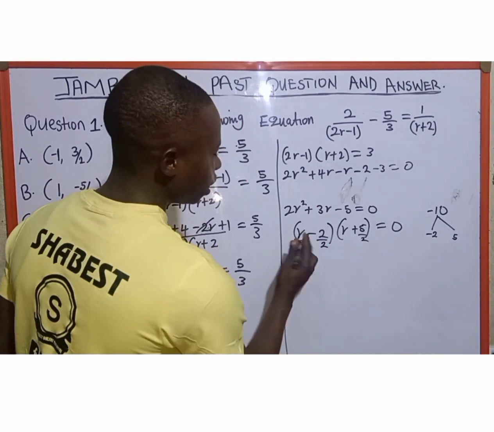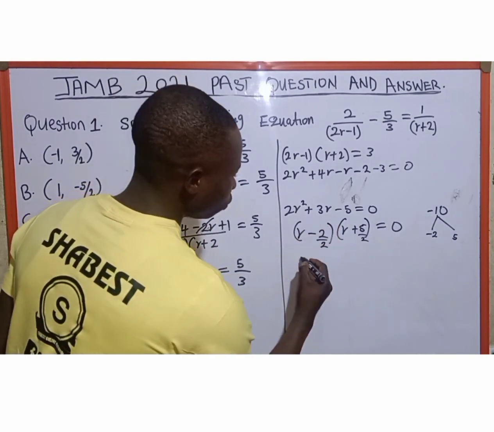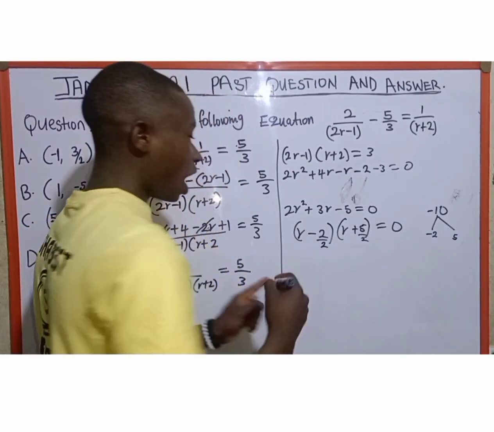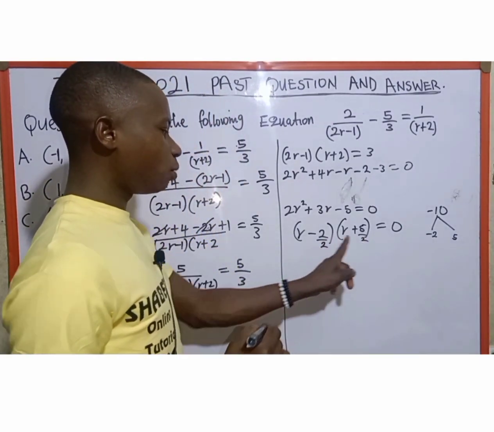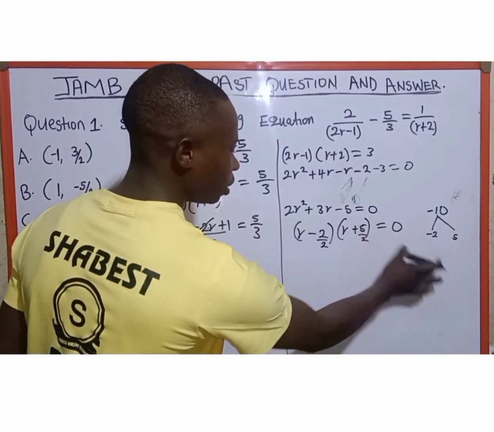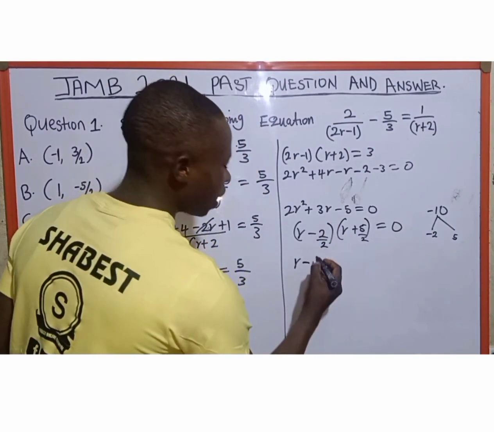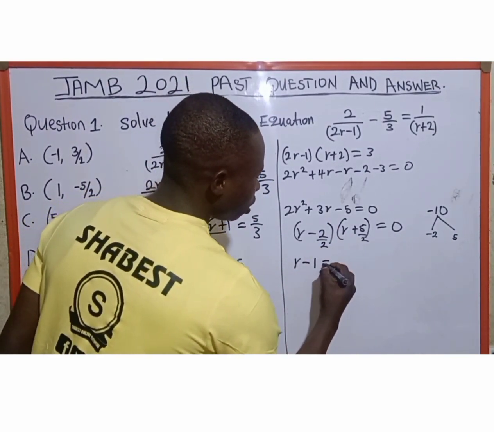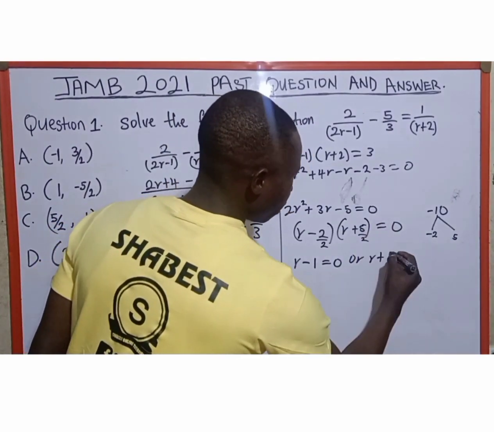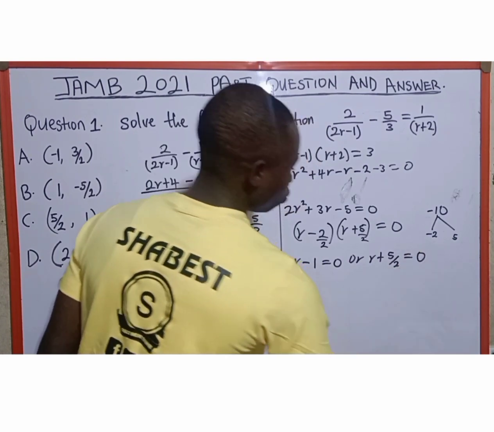We are going to have r minus, and -2 divided by 2 is going to give me -1. Remember, when two brackets are multiplied by each other and equal to 0, either one of them is equal to 0 or the second one is equal to 0. So we are going to have r minus 1 is equal to 0, or r plus 5 divided by 2 is equal to 0.